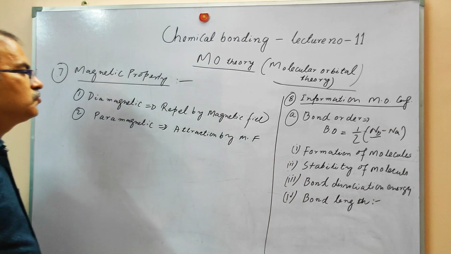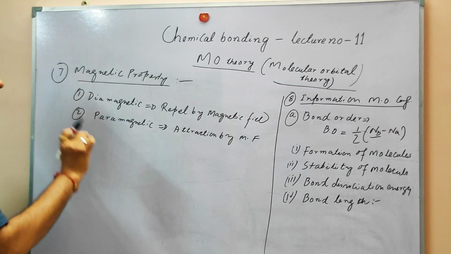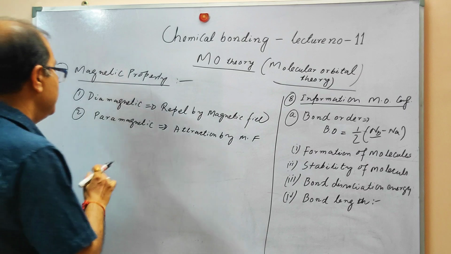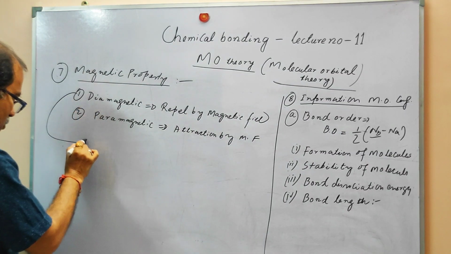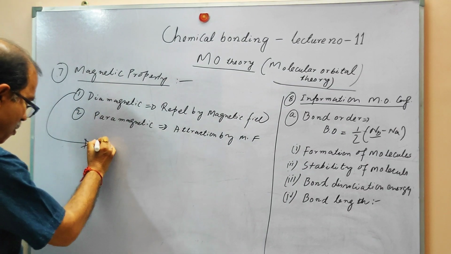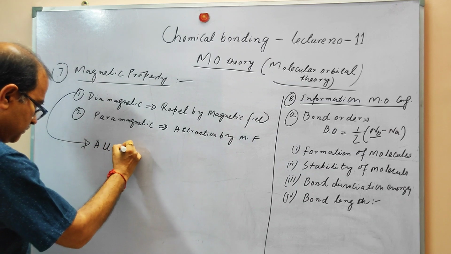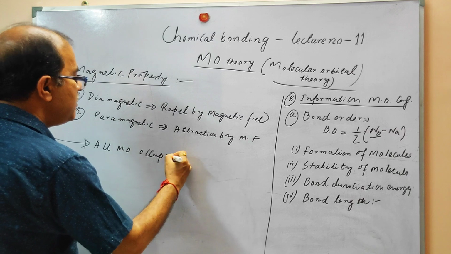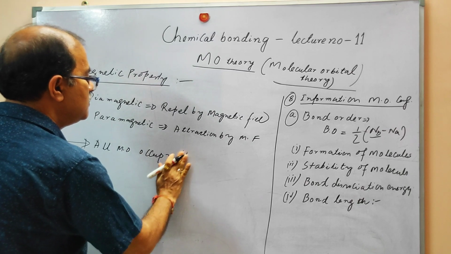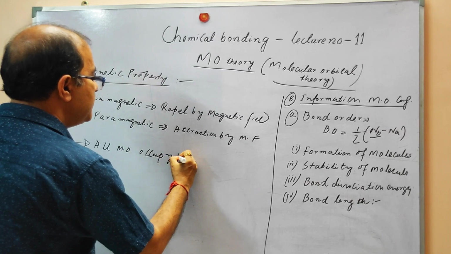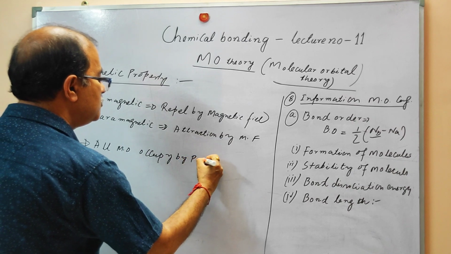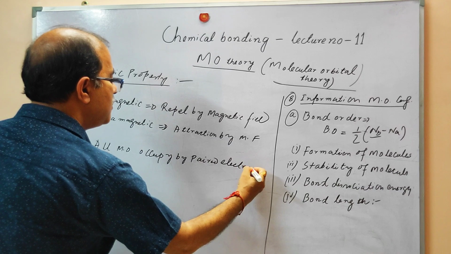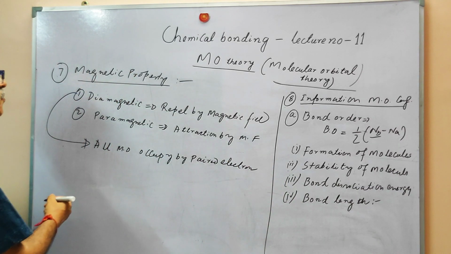So attraction by the magnetic field is paramagnetic, and if it is repelled by the magnetic field, it is diamagnetic. In the electronic configuration, when all the molecular orbitals are occupied by paired electrons, then we can say the substance or molecule will be diamagnetic.